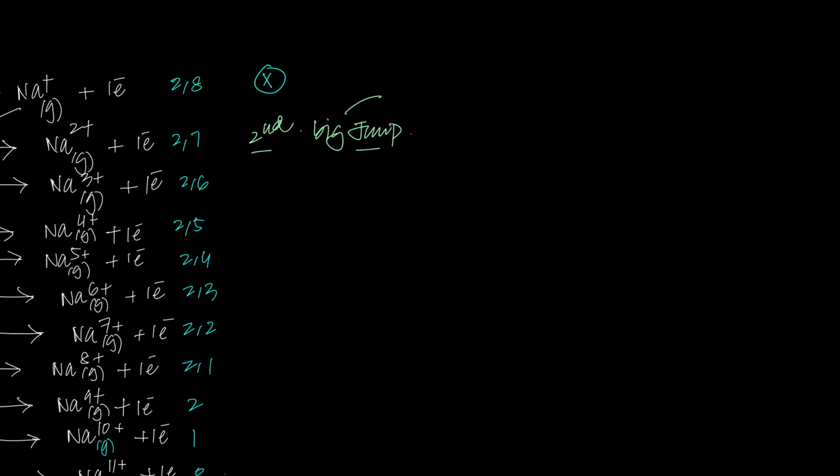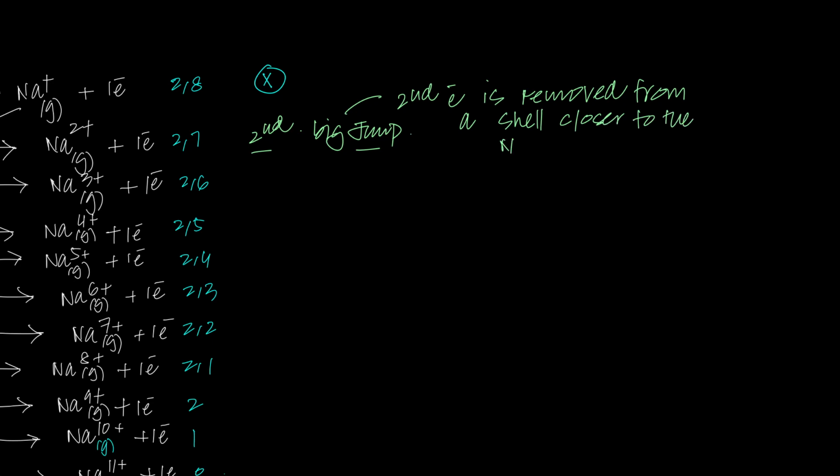So how do I explain this big jump? That the second electron is removed from a shell closer to the nucleus. That's why it's a very, very big jump.